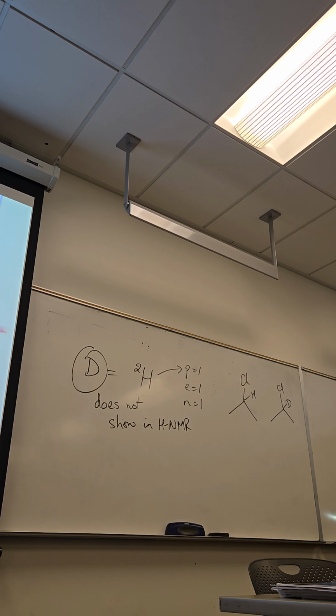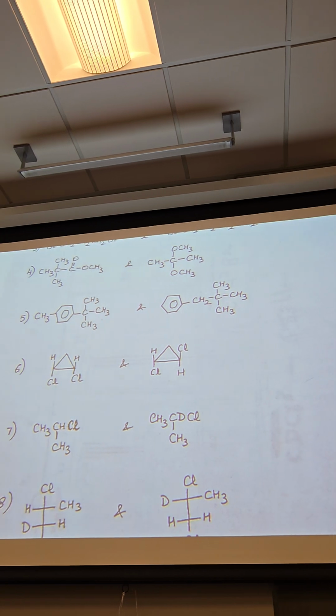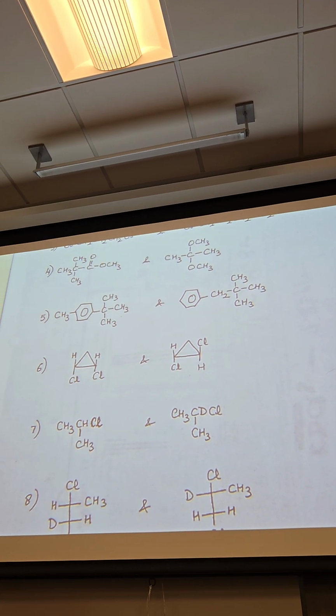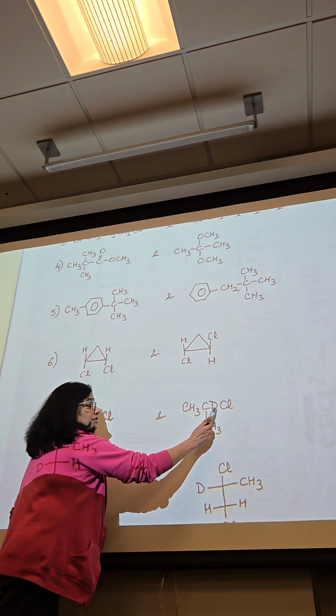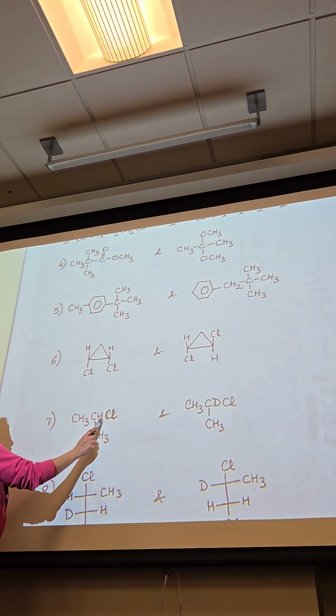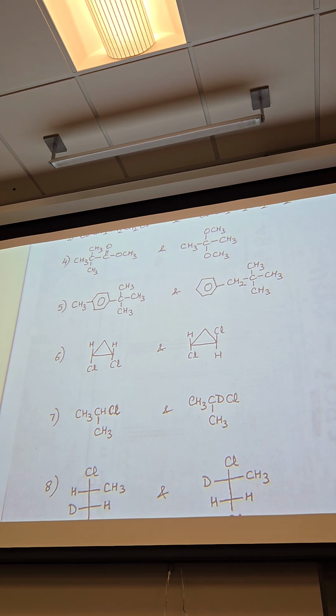So only certain nuclei are NMR active, others are not. It's very common for us to use deuterium to study specific things about a molecule. The idea is, does not show in NMR, shows in NMR. That's it. Everybody okay? Yeah.